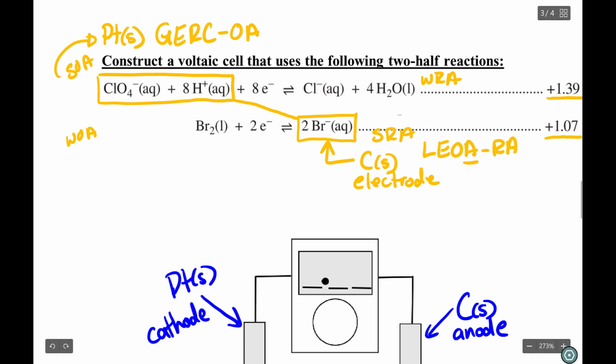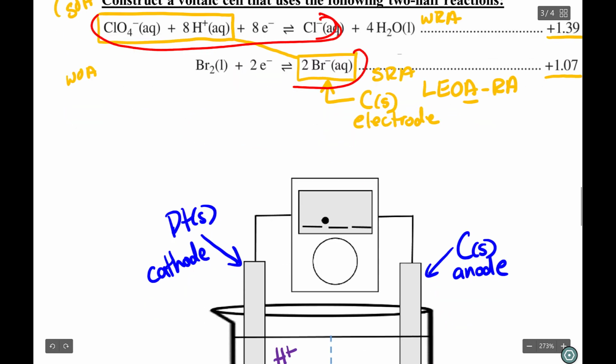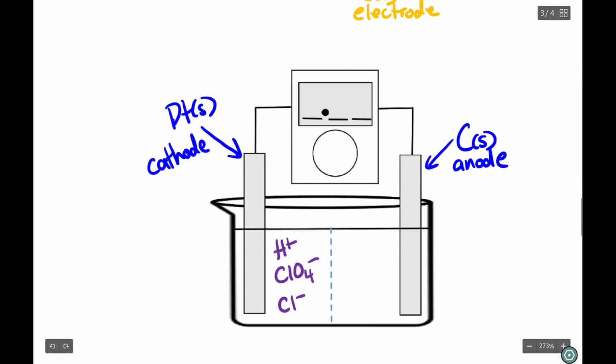So for instance, you might have silver ions and a silver solid, and I would see all of that in that half reaction on that side of the half cell. I'm going to do the same thing here. I'm going to include everything that's in this half cell, even the chloride. So I've added the chloride there.